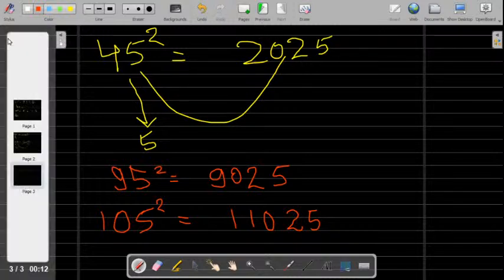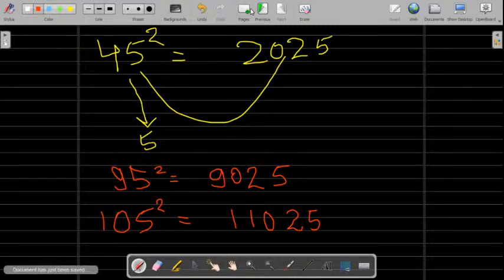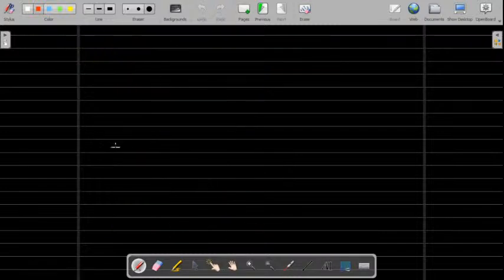Okay, then for one more, 115 square, right? Here again 25 are the last two digits. 5 square means 25, then 11 into 12.